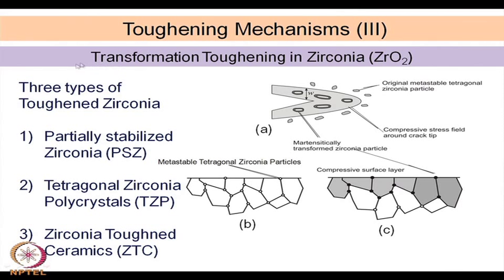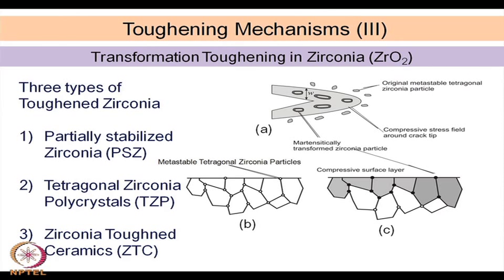So, all these things are available and are used in many different applications. Particularly transformation toughened zirconia is used for many different purposes, including dies for wire drawing, even knives.